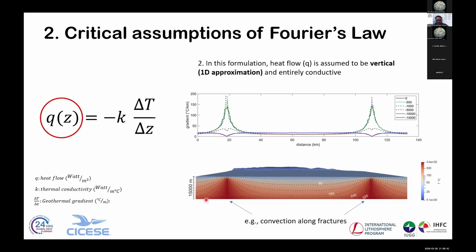And as the heat in Fourier's law is only introduced at the base of the model, we can associate the gradient anomalies to the base of the model, and this can affect our interpretations, for example, in lithospheric studies.